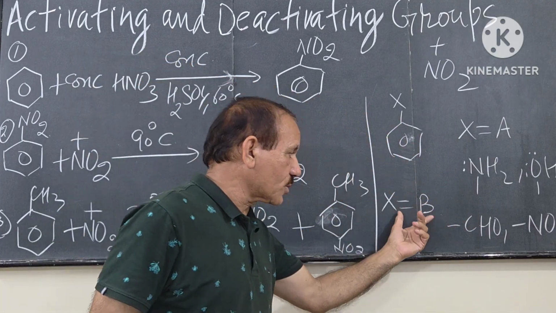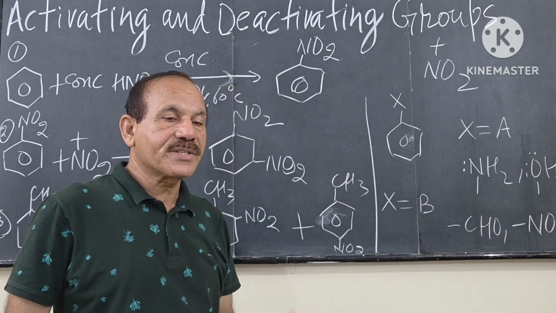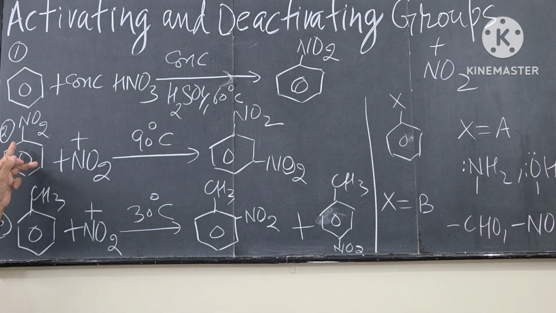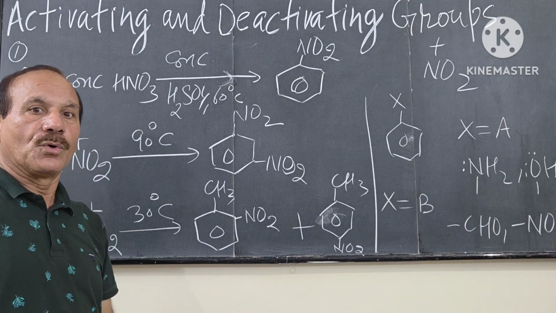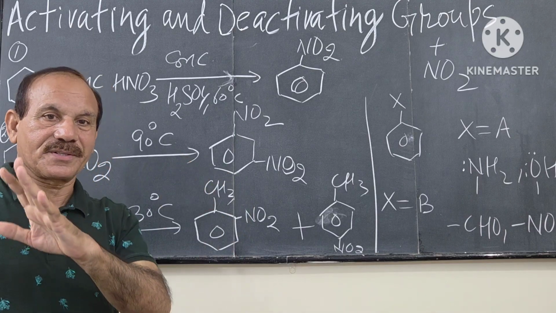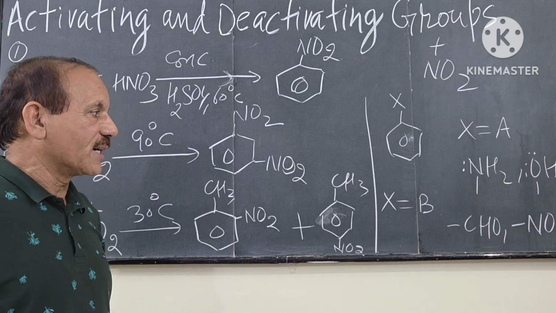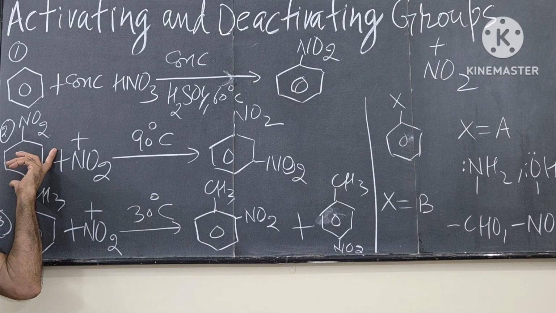There are certain other groups like CHO and NO2 which, when present on the ring, decrease its reactivity towards electrophilic substitution. And these groups are known as the deactivating groups.